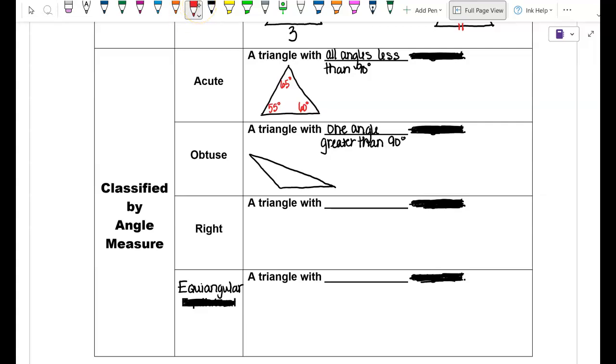It's not possible to have more than one because, again, of that whole having to add up to 180. If one of the angles is greater than 90, we're already more than halfway to our goal of 180, so there's no way to have 2 obtuse angles. So in this case, we can have an angle with 110 degrees. Let's say this one is 30 degrees and this one is 40 degrees.